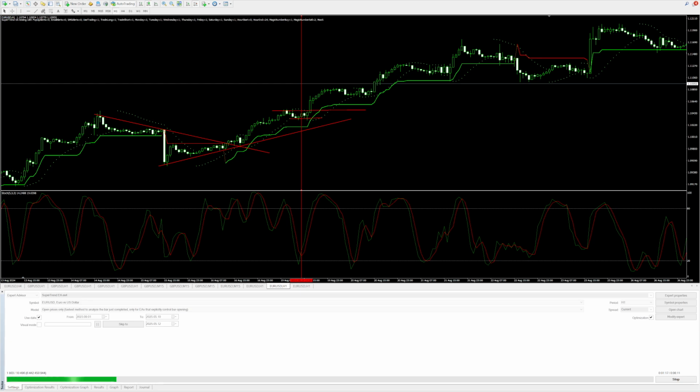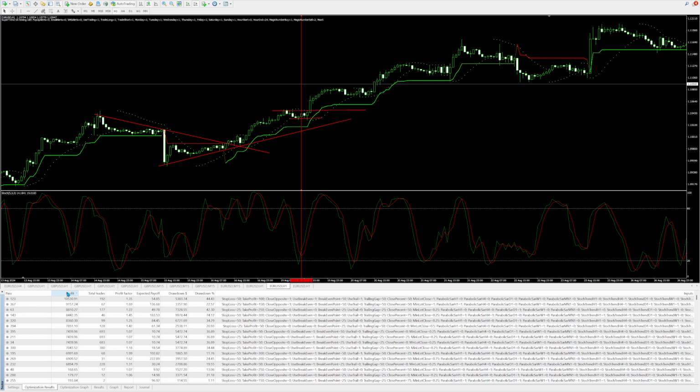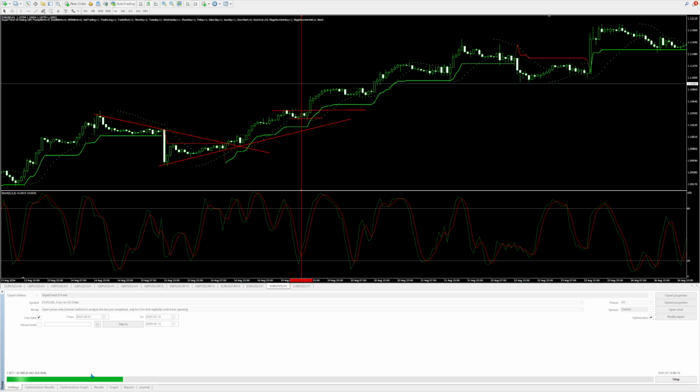So the optimization is running. We added an extra year. Let's just see. Okay, we've got some decent results coming in. But again, what we're doing is just over-optimizing for the particular data set that we're using. It doesn't necessarily mean these are good settings moving forward. They may not work at all.